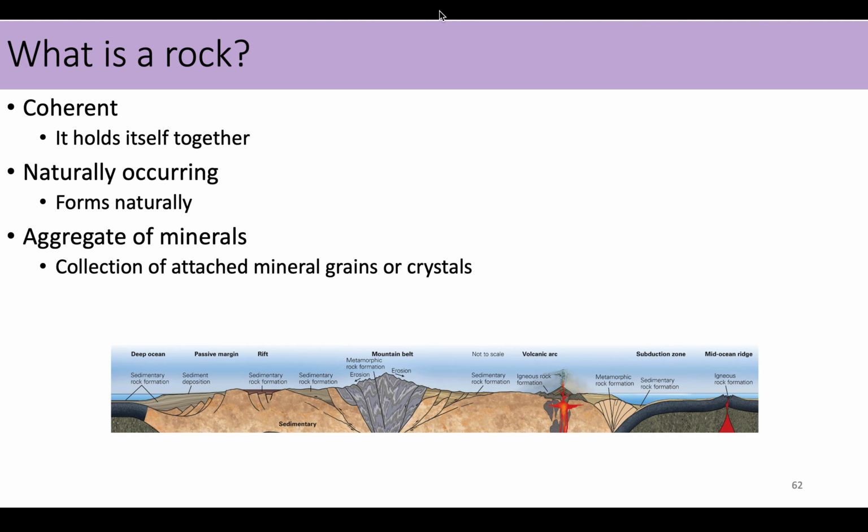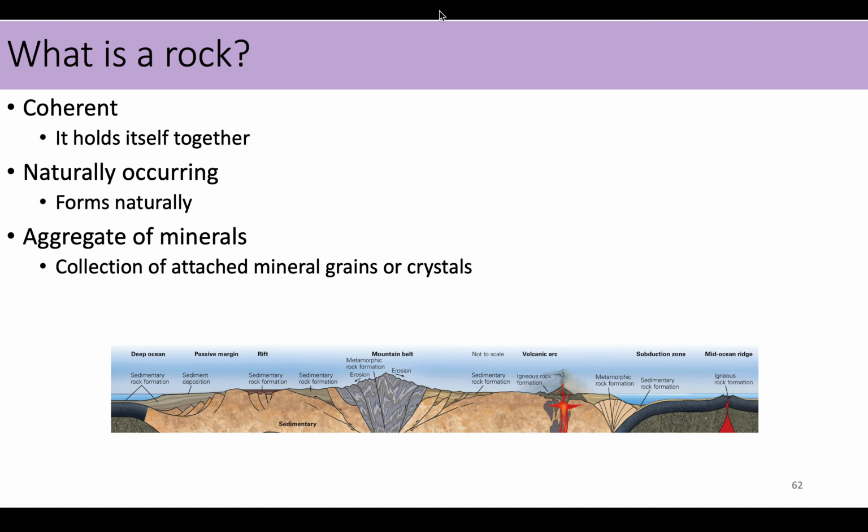So what is a rock? By definition, a rock is coherent, meaning that it holds itself together. It doesn't fall apart like individual grains. It is also naturally occurring, which means it forms naturally on Earth.